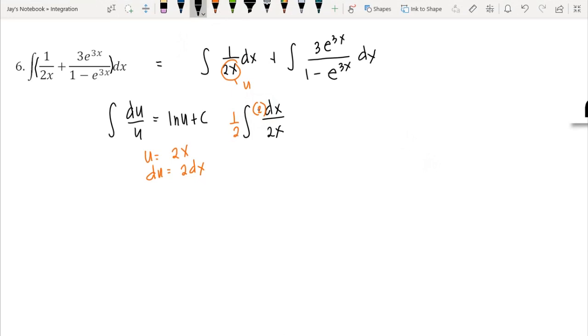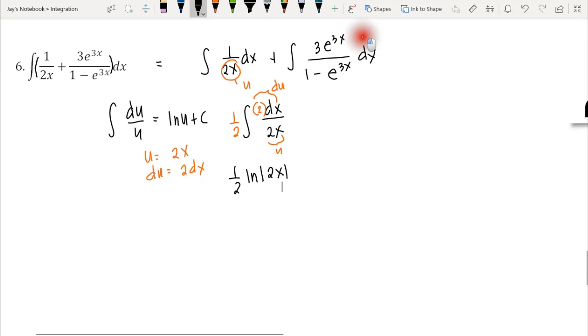Right? So, therefore, this one now is our du, and this one is our u. So, we can now use this rule, which is natural logarithm of u plus c. So, we have the answer that is 1/2 the natural logarithm of 2x, that is our u.